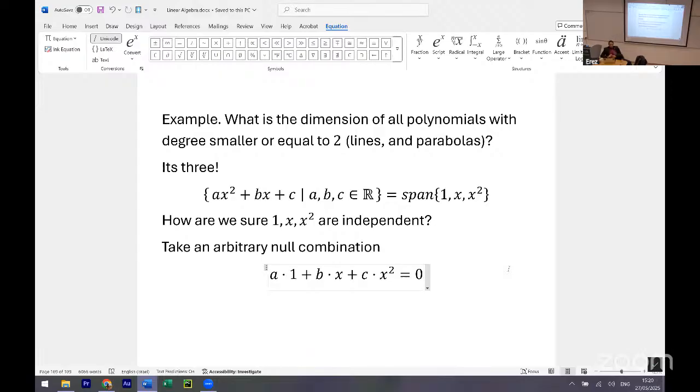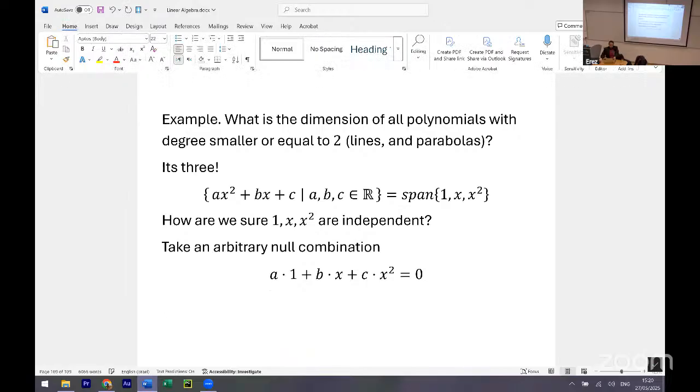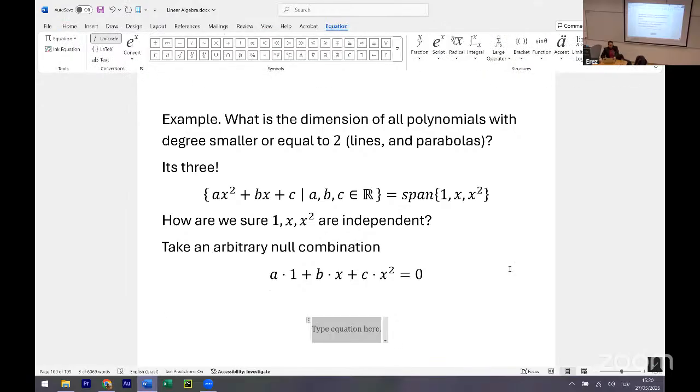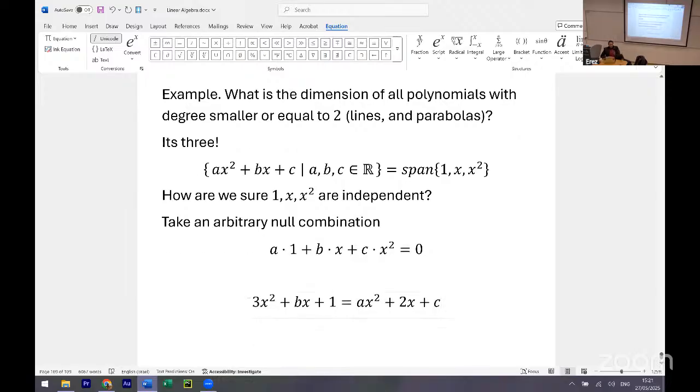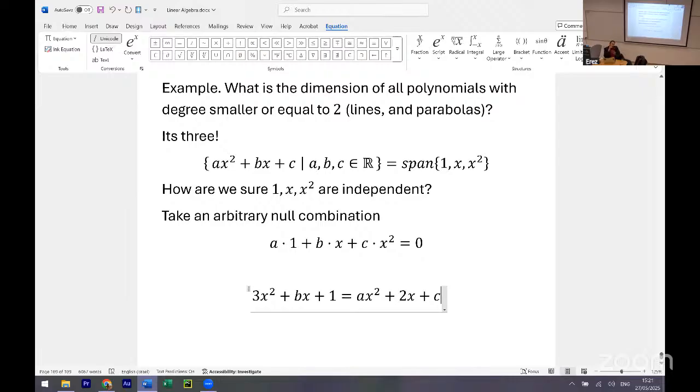It also has to do with calculus. If we have in general, say, 3x squared plus bx plus 1 equals ax squared plus 2x plus c, what are a, b, and c?